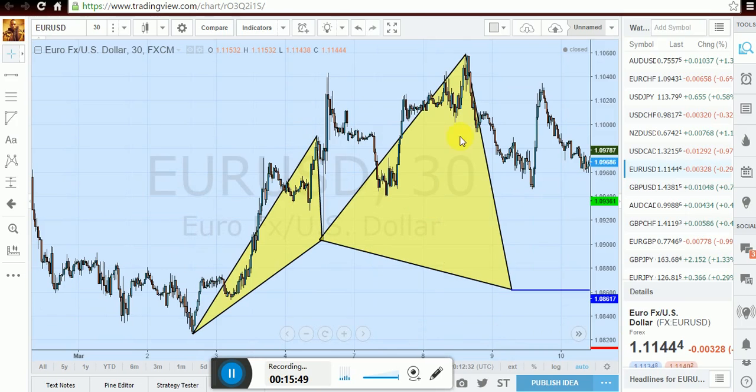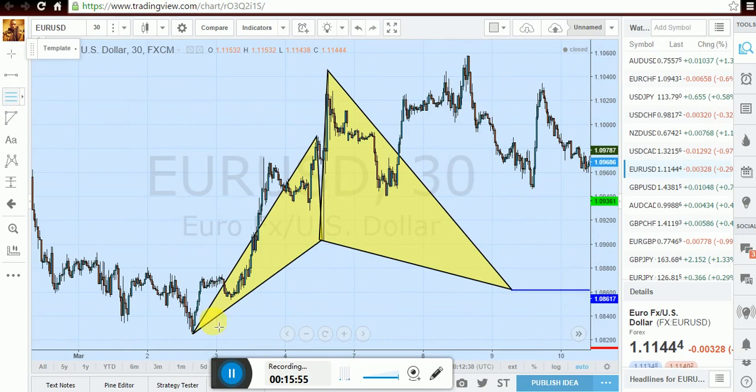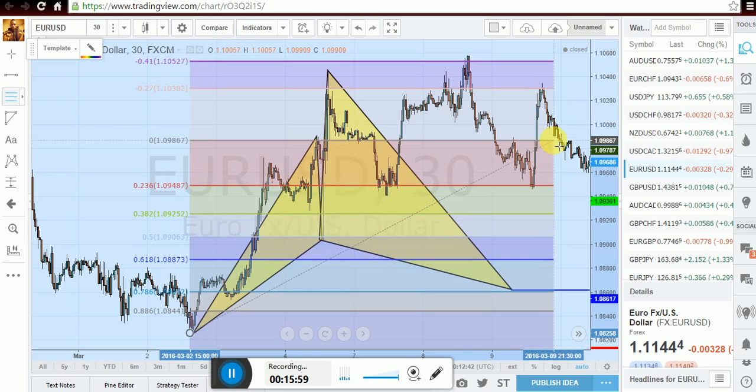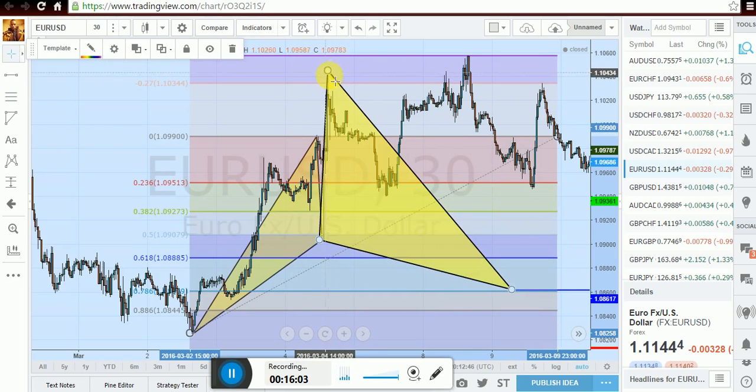When I posted this signal, I used that as my C leg. If I bring in my Fibonacci retracement, we can see that even though we had a 127 extension, the market never closed above the 120, so technically the cipher pattern hasn't been invalidated. And that's the good thing about my signal ciphers.